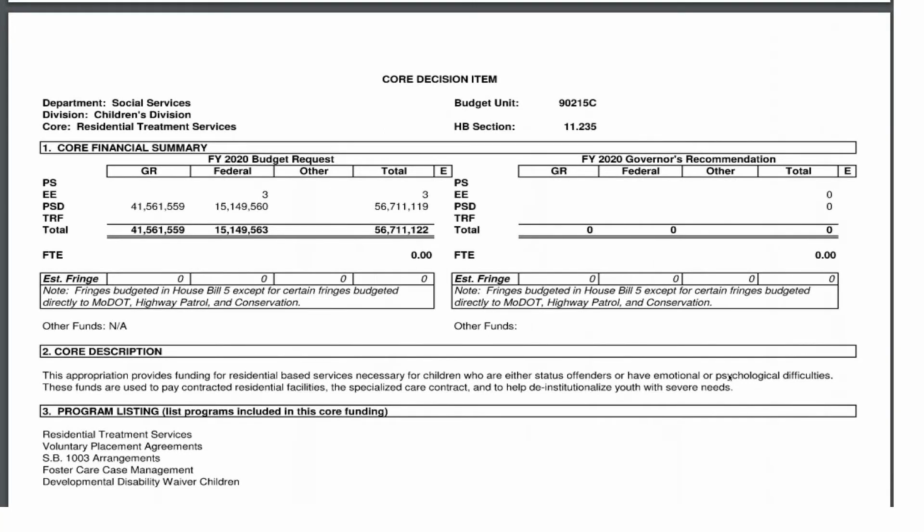And then when you open up the budget books and you actually go to the certain line item, and this is line item 11.235. And you can see that underneath core decision item, just off to the right, there's budget unit, which means something to budget nerds, but not real people.